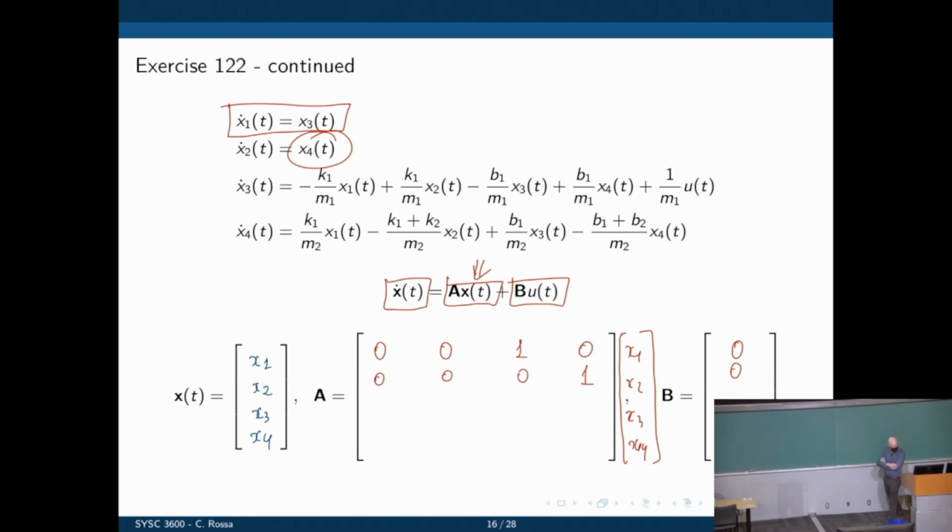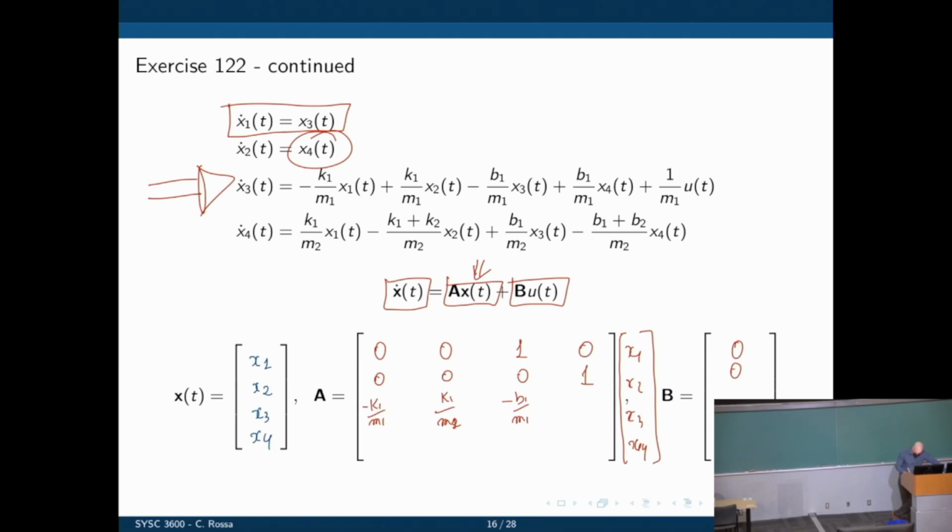Now let's look at x3 dot. So x3 dot is a whole equation. And for x3 dot, we have things that multiply x1, x2, x3, and x4. What multiplies x1? That is minus k1 over m1. For x2, we have k1 over m1. For x3, minus b1 over m1.